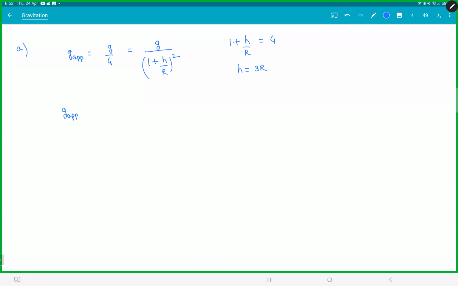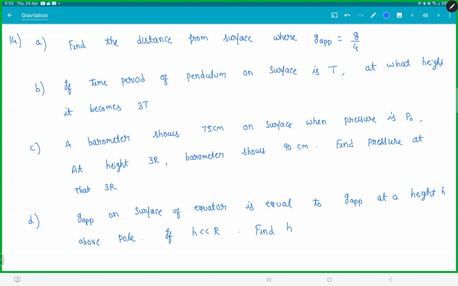If I'm using the depth formula, g by 4 is g into 1 minus d by r. Then g will cancel, and d will be 3r by 4. That's the depth from the surface. Easy. You just need to put the formulas and you'll get the answers. Now try the rest.